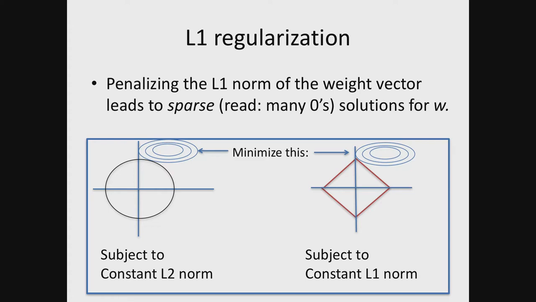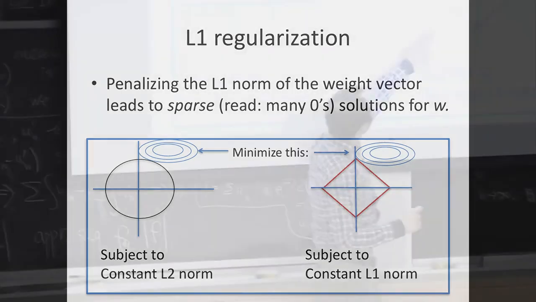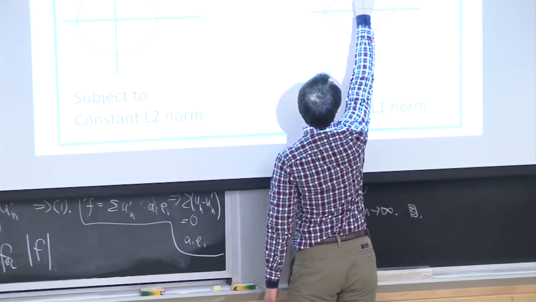Well, the optimal solution is going to be, in essence, the closest point along the circle, which gets as close as possible to the middle of that level set. So over here, the closest point is that one. And you'll see that this point has a non-zero W1 and W2. Over here, the closest point is over here. Right?